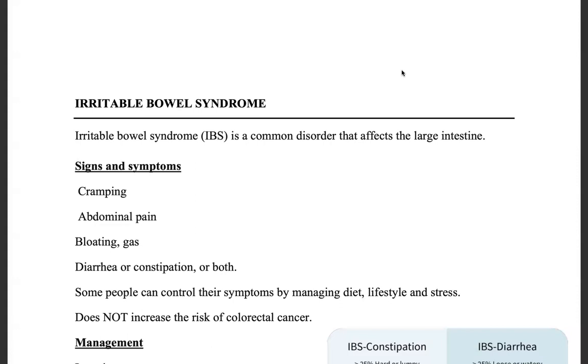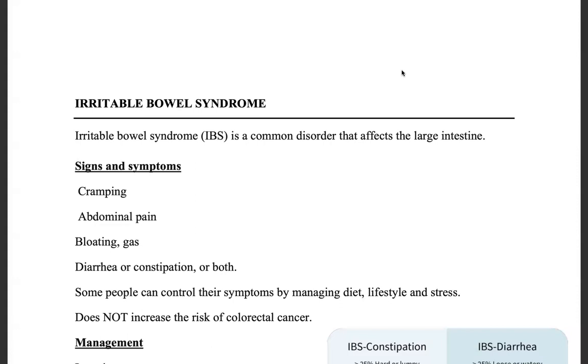The onset should be related to different or varied stool frequency. The stool frequency changes, and the consistency might also change.